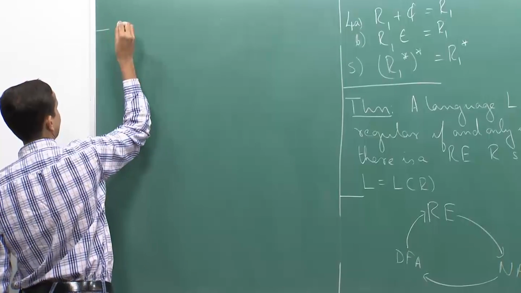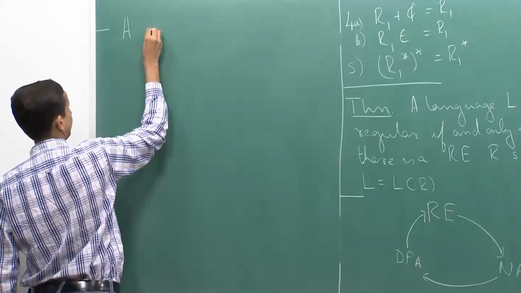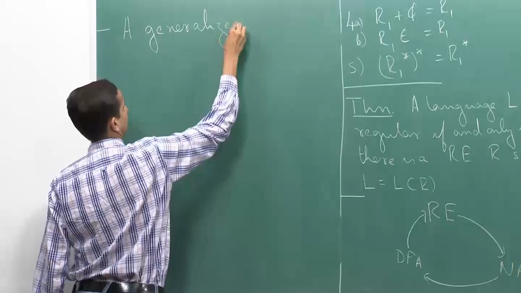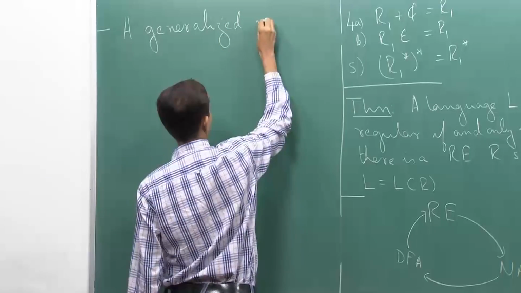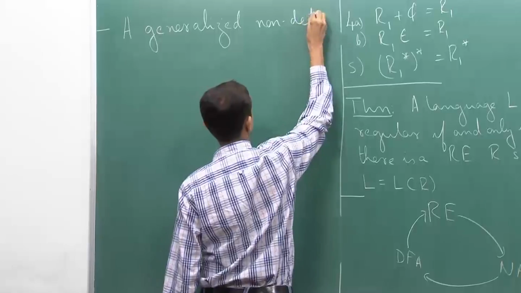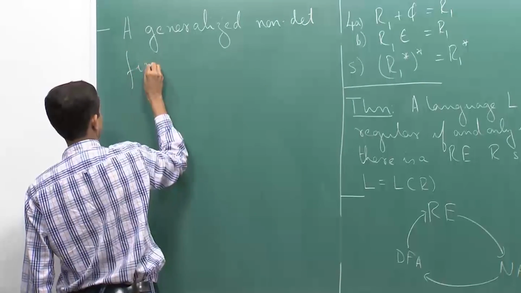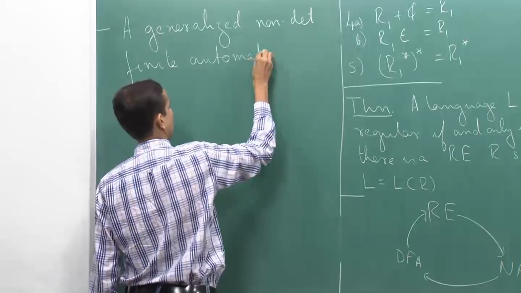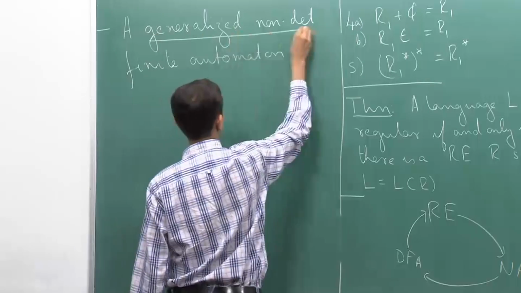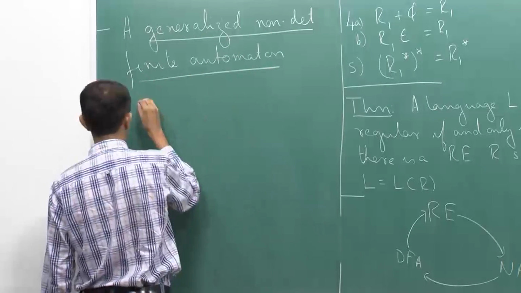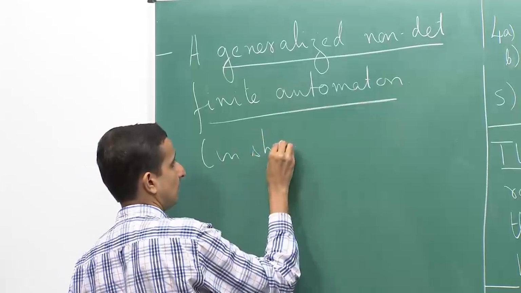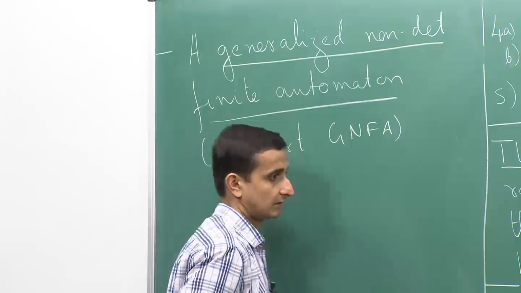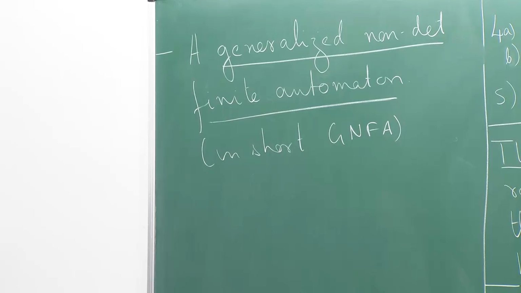So, a generalized non-deterministic finite automaton. In short, this is also known as a GNFA.